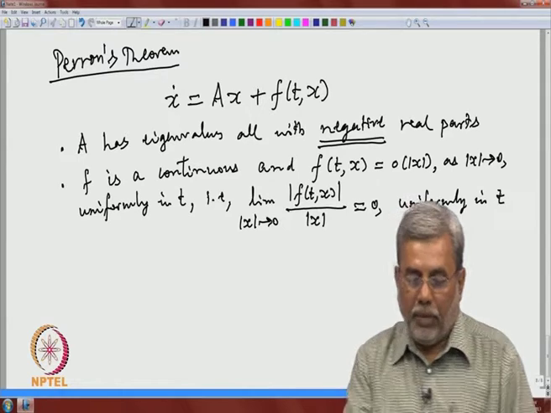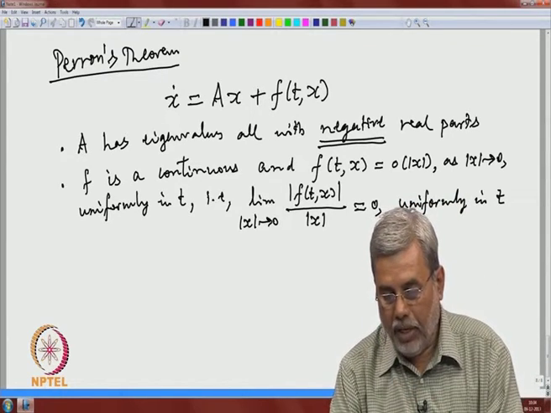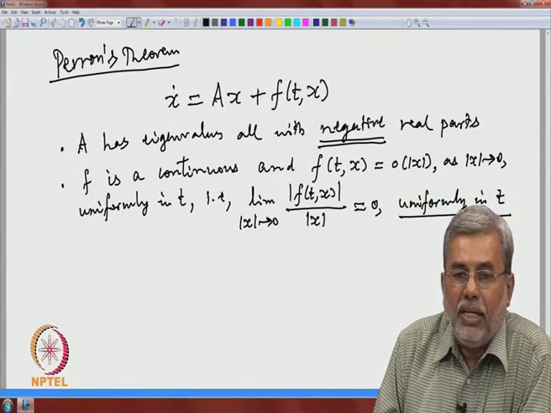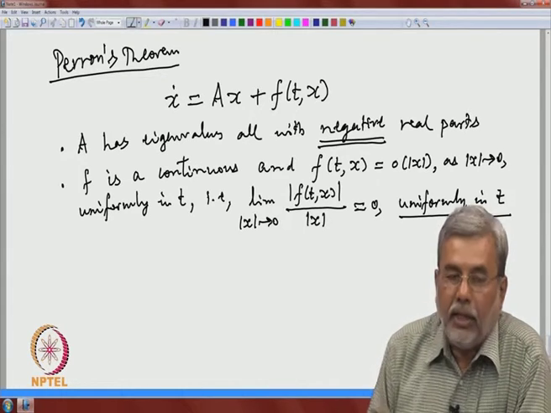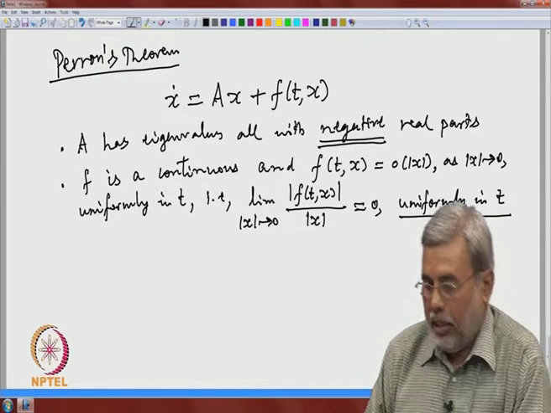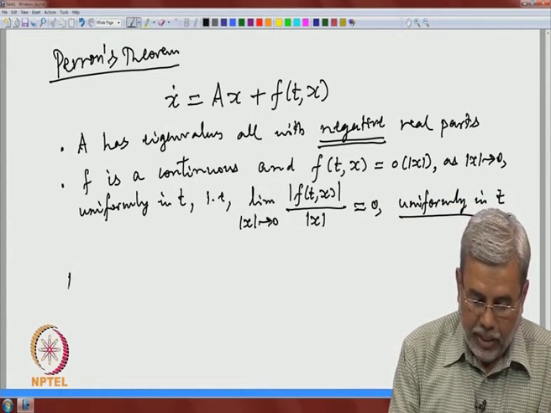That means this limit process does not depend on t, that is uniformity. The usual epsilon-deltas that appear in the definition of this limit do not depend on t. That is what is meant by uniformly in t.